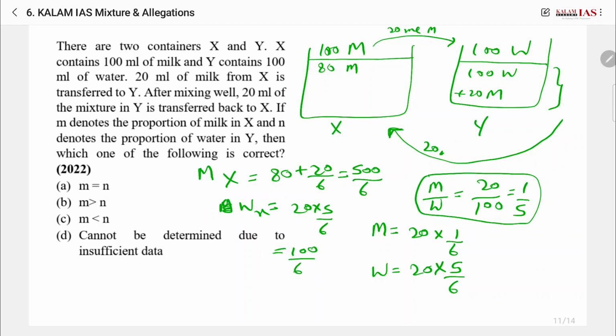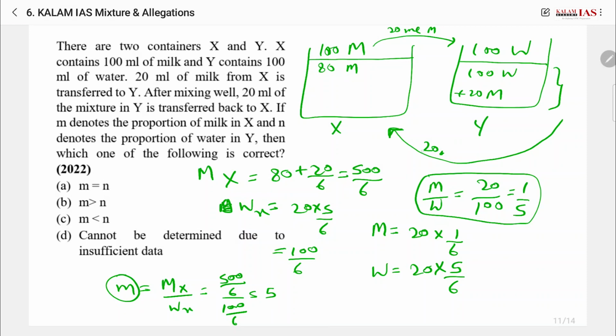Now M denotes the proportion of milk in X. So small m is milk in X divided by water in X, which is 500/6 divided by 100/6. It equals 5. So M is 5.